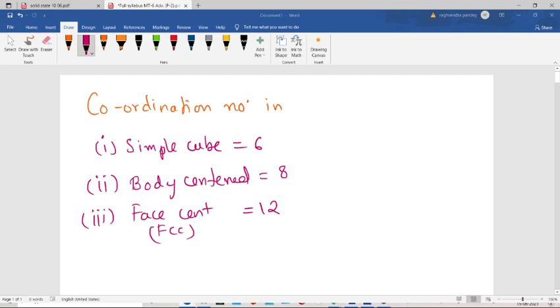Now tell me what is the answer? What is the answer for packing fraction?